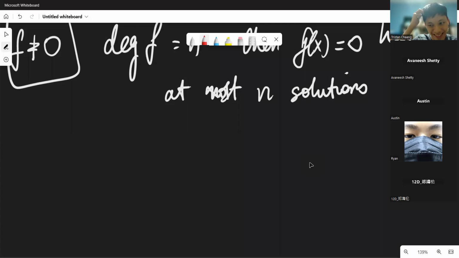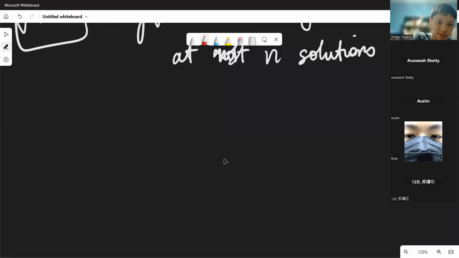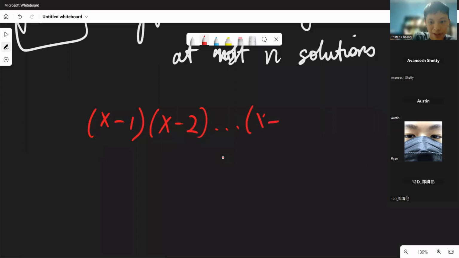So let's look at an application, like the problem in the handout. Let's say, yeah, the first example that I gave. Let's say I have this (x minus 1)(x minus 2) and so on, up to (x minus 100).